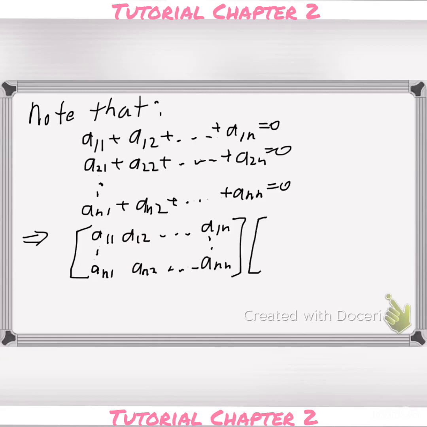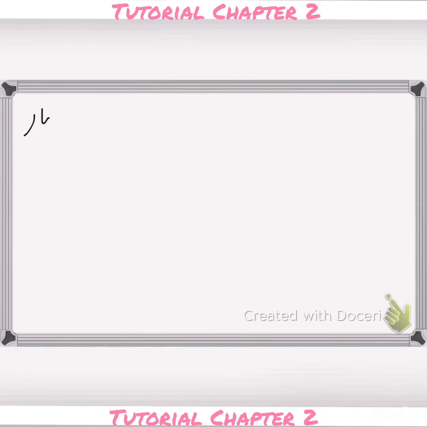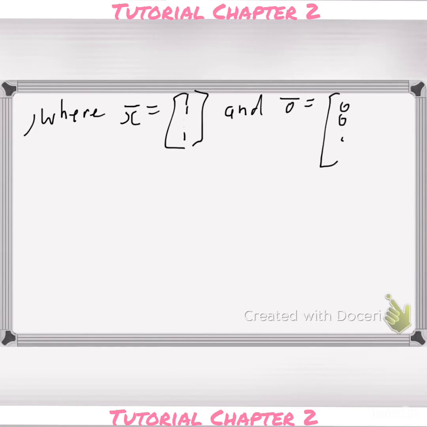You can write that sum on the left as this following system here, equal to, so that translates to the system, which is the same as this system here: A x bar equal to 0 bar, where x bar is 1, 1, up until 1, and 0 bar is this matrix here.